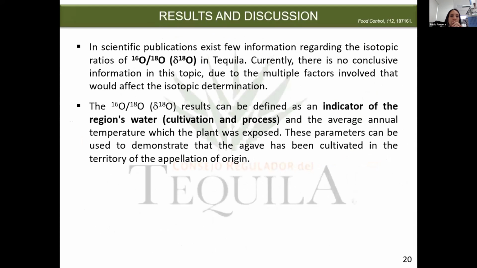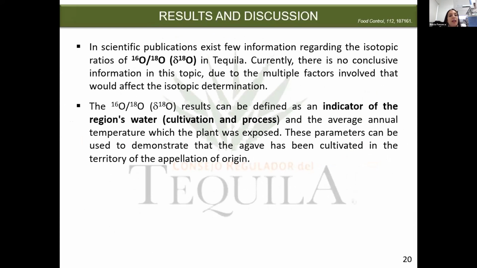But we reviewed scientific publications, and there is little information regarding the isotope ratio of oxygen-18 in tequila. Currently, there is no conclusive information on this topic due to the multiple factors involved that affect the isotopic determination.